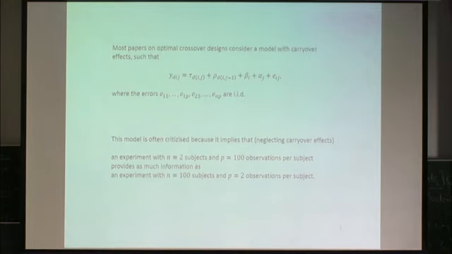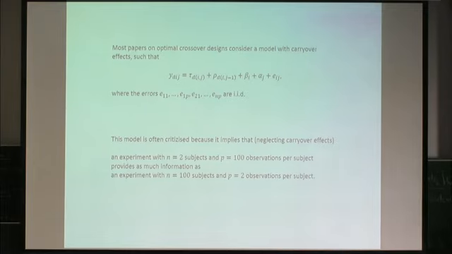And so that's the model. The measurement is direct effect, carryover effect, effect of the assessor, effect of the period, and an error. And we assume that the errors are IID. And this model is often criticized.